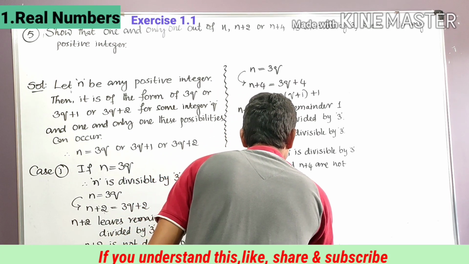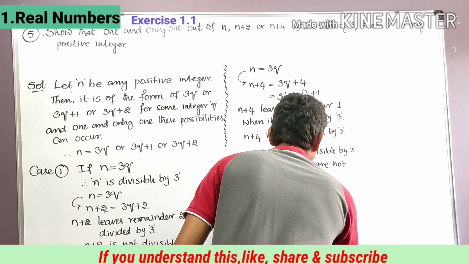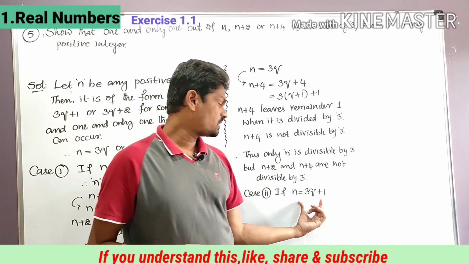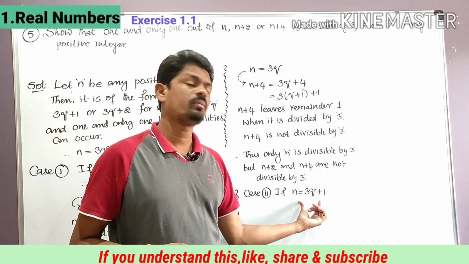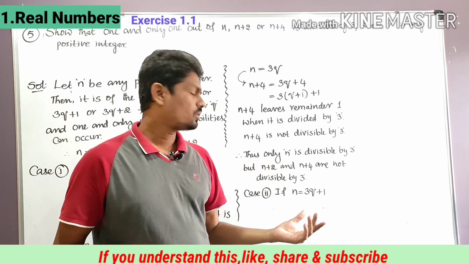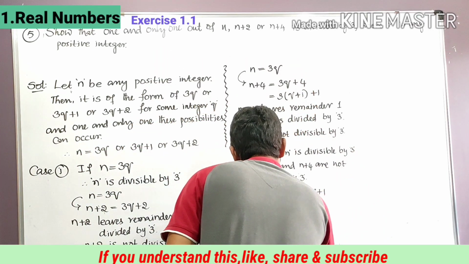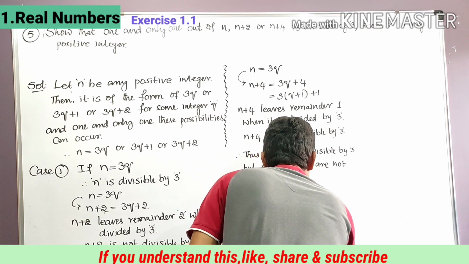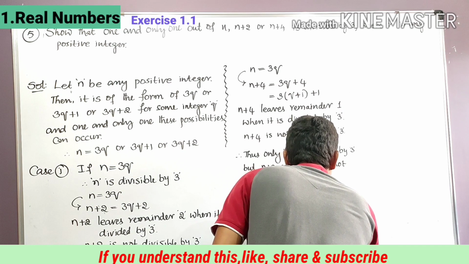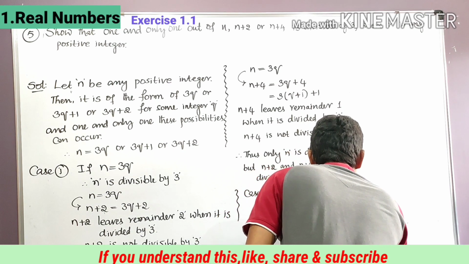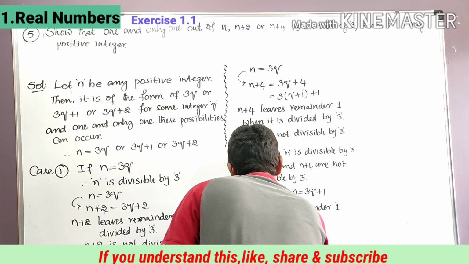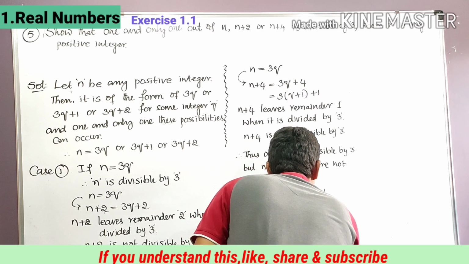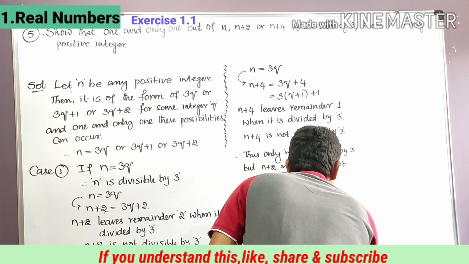If n is equal to 3q plus 1, n leaves remainder 1 when it is divided by 3.